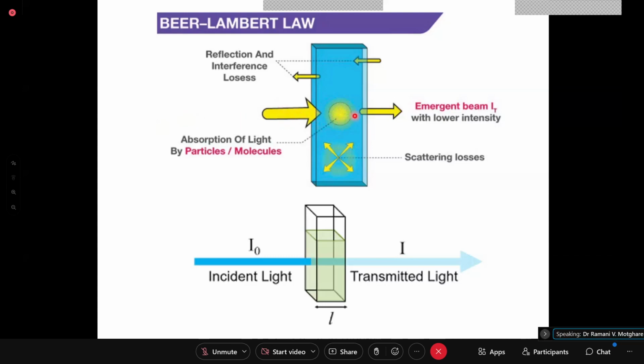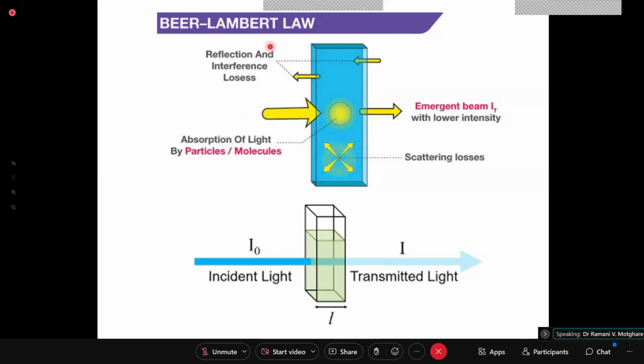For example, a red colored solution will reflect most of the red light but absorb more prominently in the blue part of the radiation. Unless that particular radiation is there, the solution will not be absorbing light.